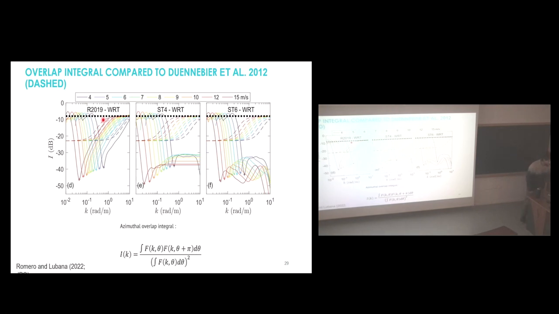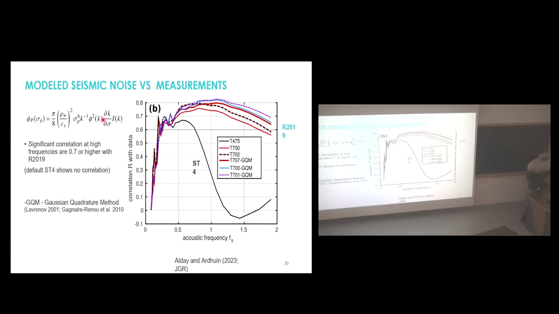And then Fabrice went a step further, doing direct comparisons between the measured pressure data at the bottom of the ocean and estimates with the right-hand side. And this is a correlation that he did with Alday last year. This is a function of the frequency and the correlation.